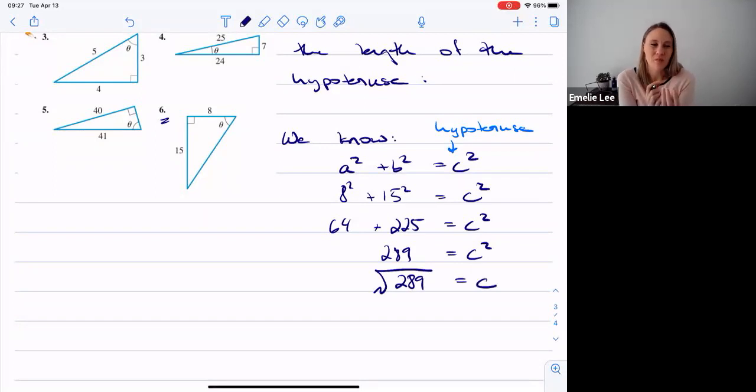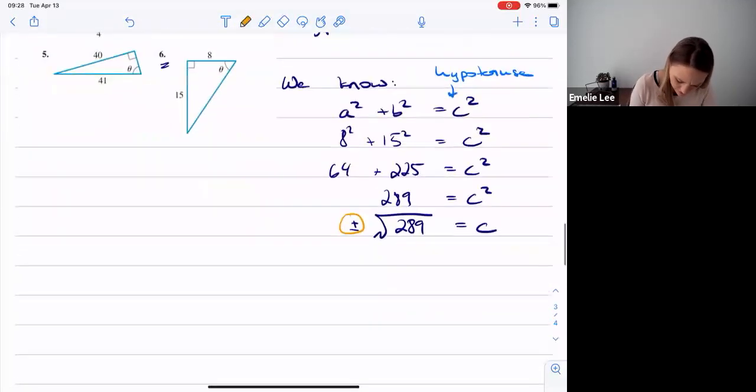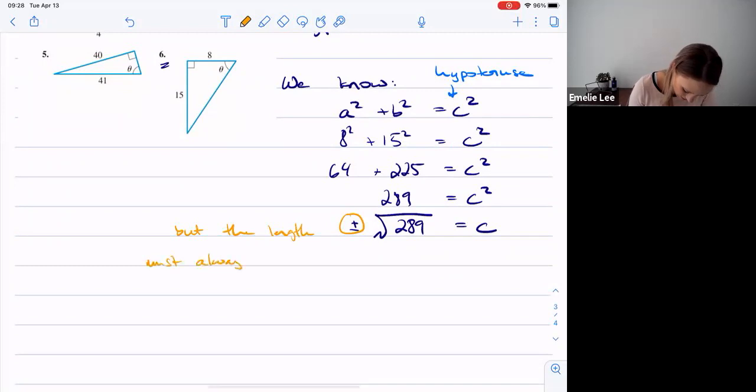Technically it is the plus minus when I take the square root. That's always true, but I can't have a negative length. If you wanted to skip this step, that's fine, because the length must always be positive.